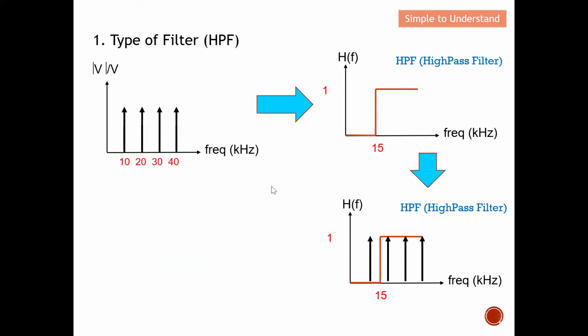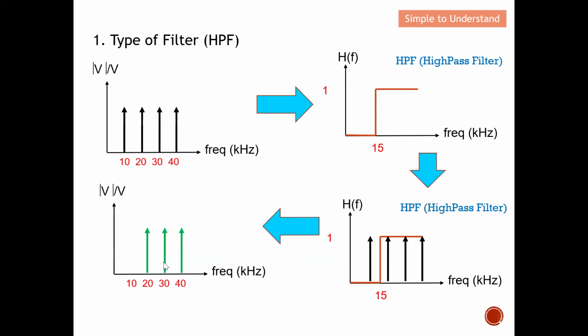So at the output of this high pass filter, I will have 20 kilohertz, 30 kilohertz, and 40 kilohertz, while the only one rejected will be 10 kilohertz. From here, you can see that all the high frequency components will be passed, and hence this is known as a high pass filter.